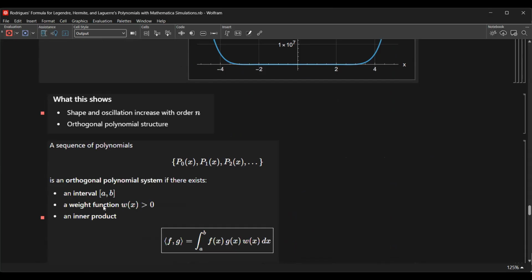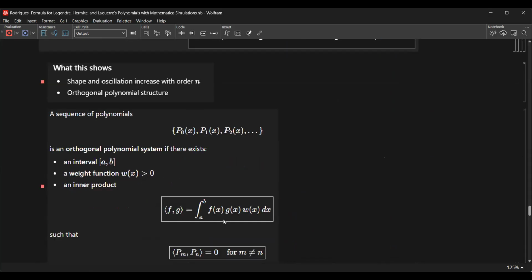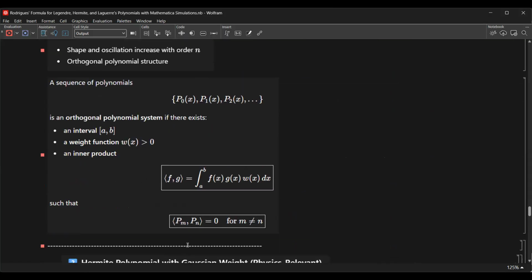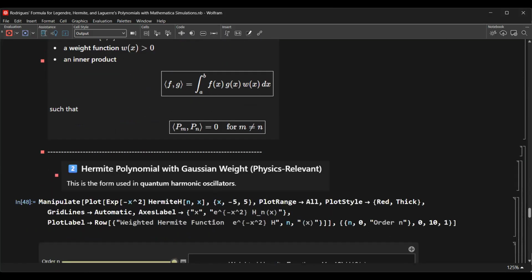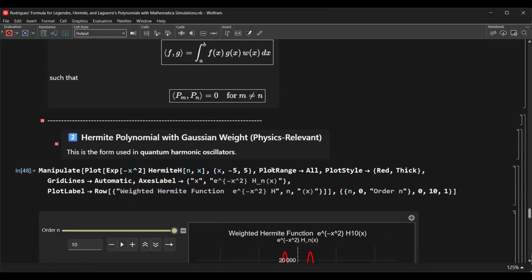Orthogonal and polynomial structures. For example, we have the inner product here from a to b. The inner product of Pm and Pn equal to 0 for m not equal to n. If m is equal to n, this is equal to 1. So the Hermite polynomial with Gaussian weight: we have the factor e to the negative x squared multiplied with the Hermite polynomial here.